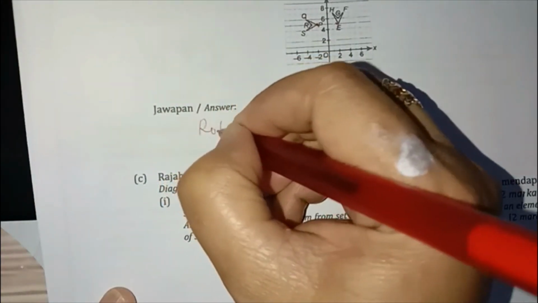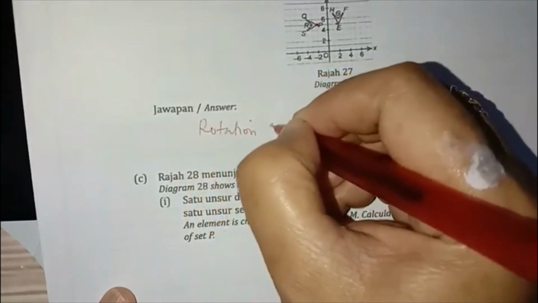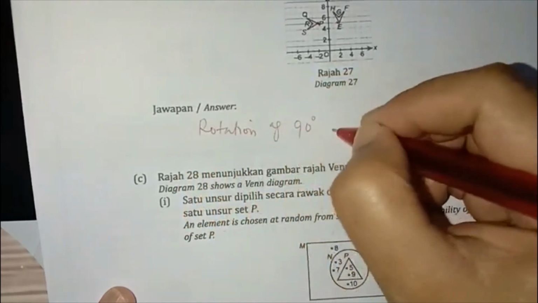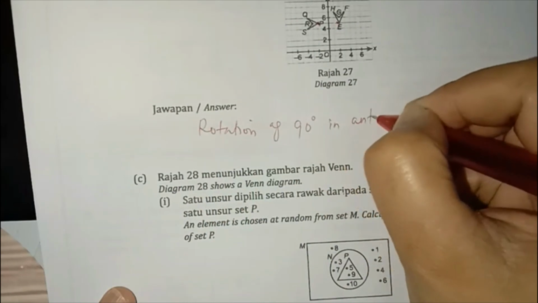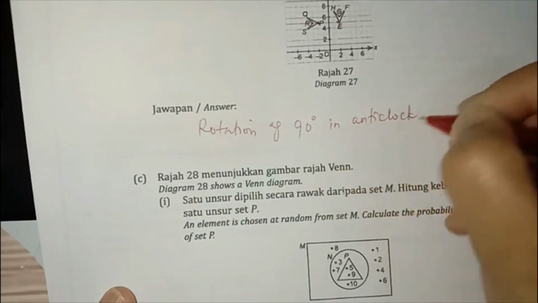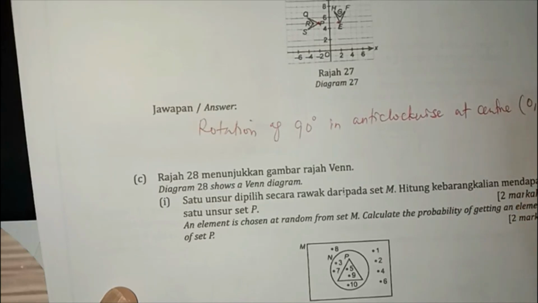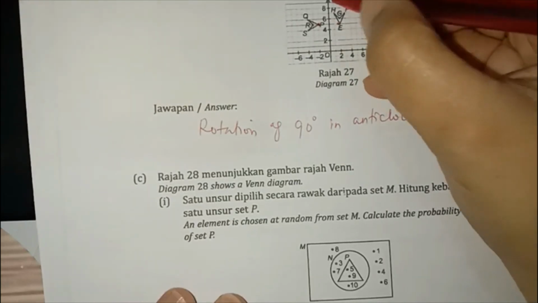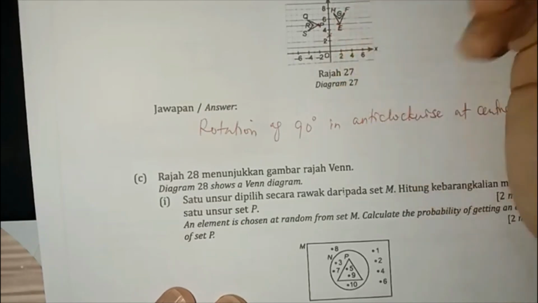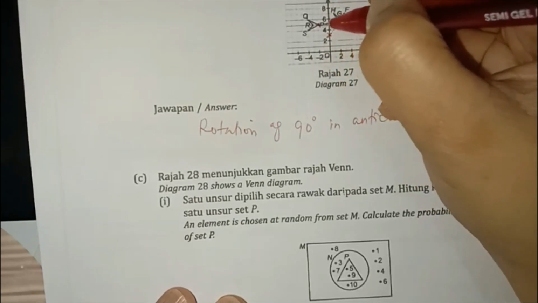Write down rotation of 90 degrees anti-clockwise. At center 0, 3. Okay. Center is here. Okay, so 90 degrees.